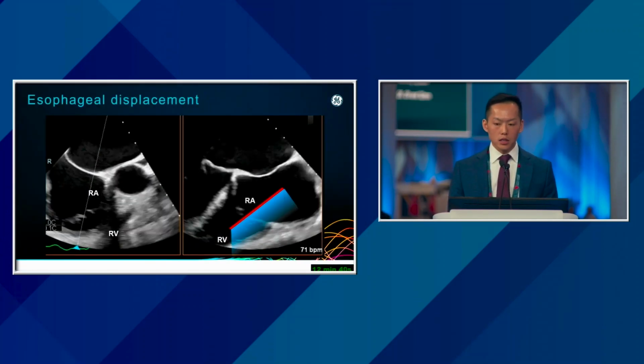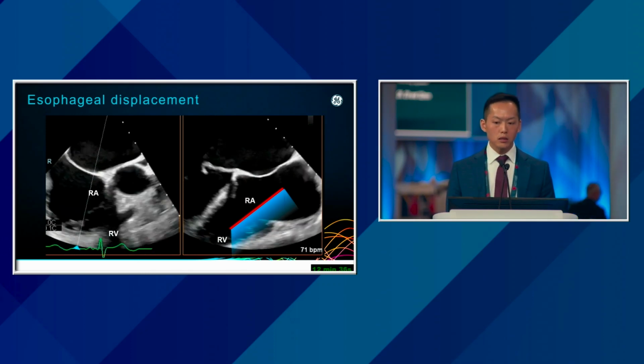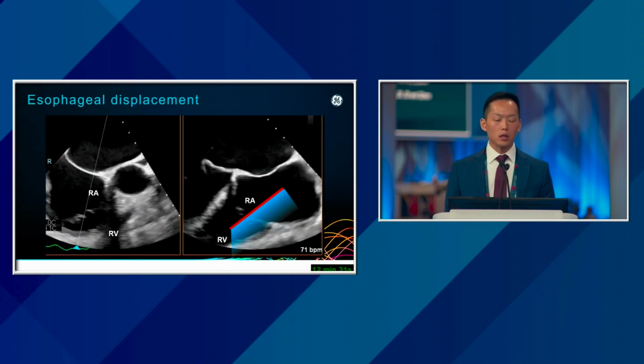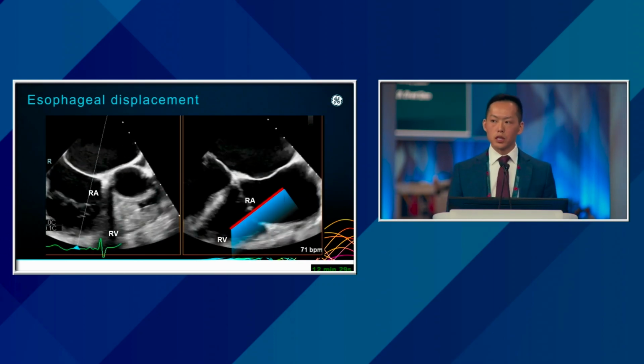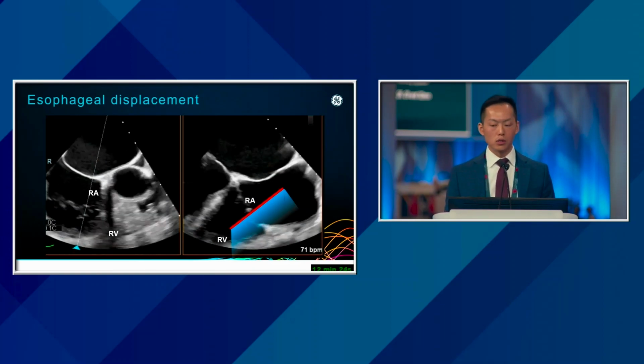In addition to that, a lot of times the position of the esophagus and where the probe likes to settle in its neutral position will make the heart look almost a little bit horizontal. A lot of times that's a combination of potentially a shift in the position of the heart, but also the relative position of the esophagus to those cardiac chambers.